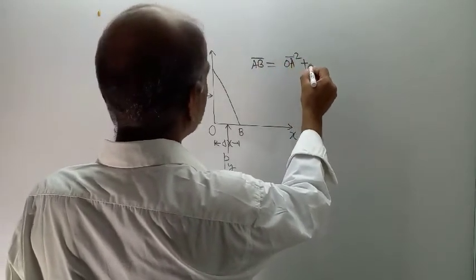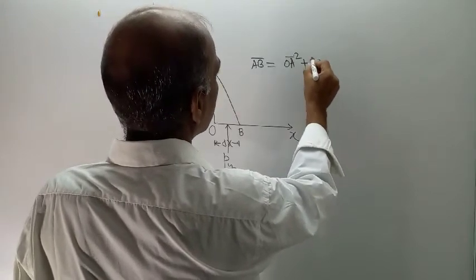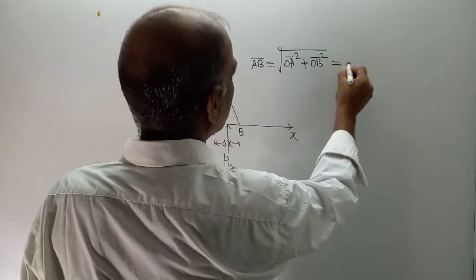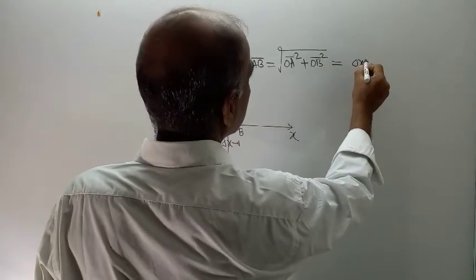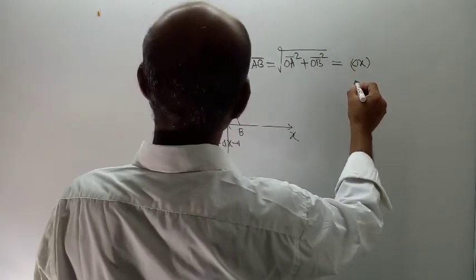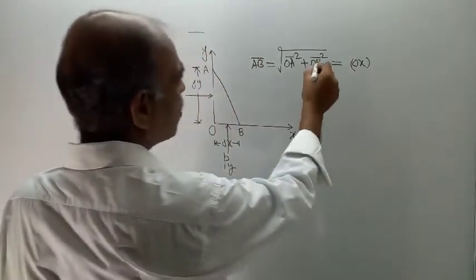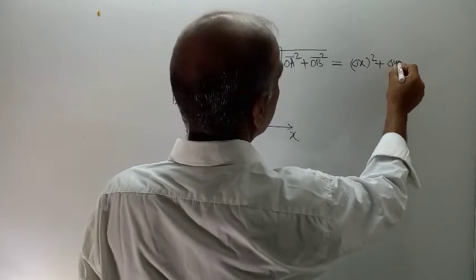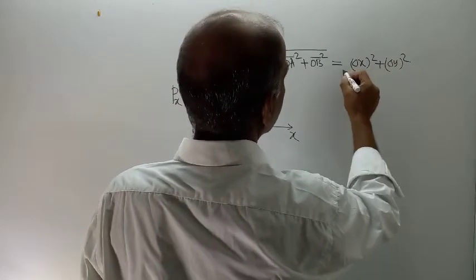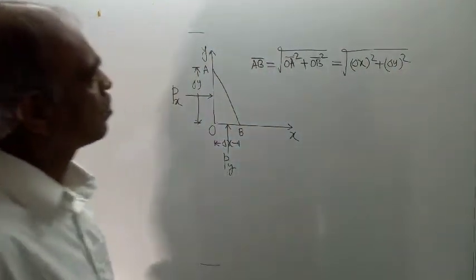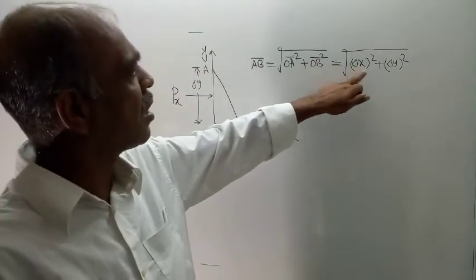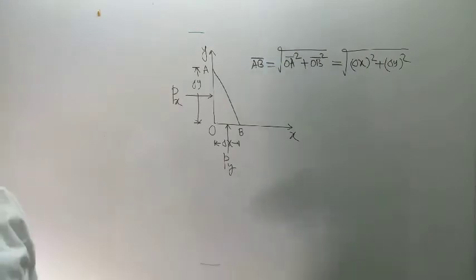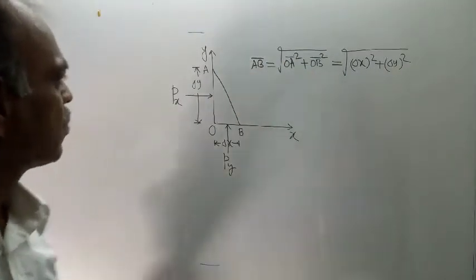OB square is equal to delta x square and OA square is equal to delta y square. So that is the length of AB.